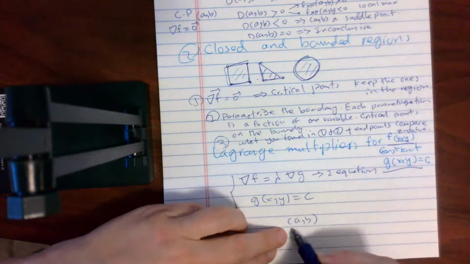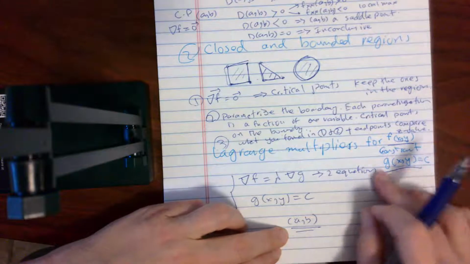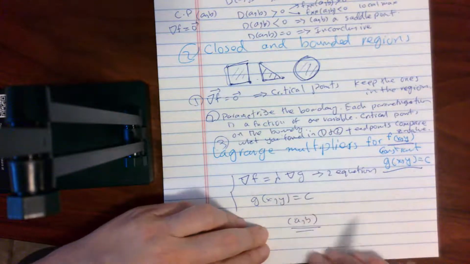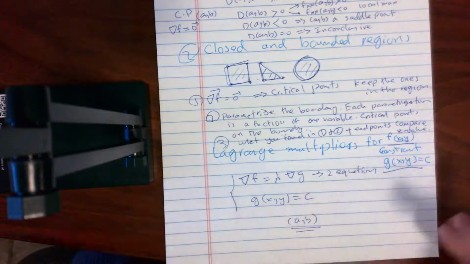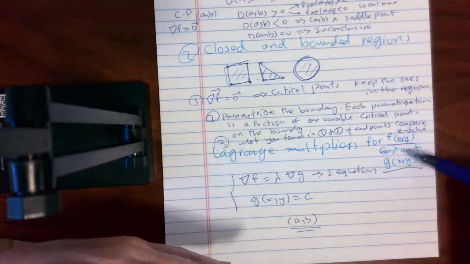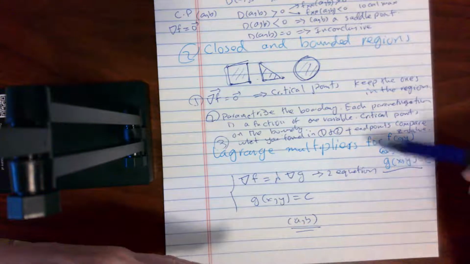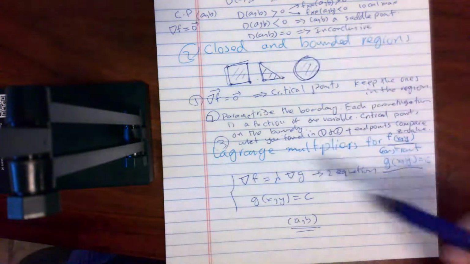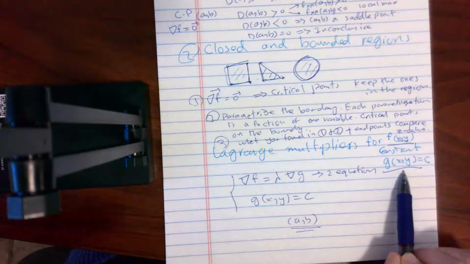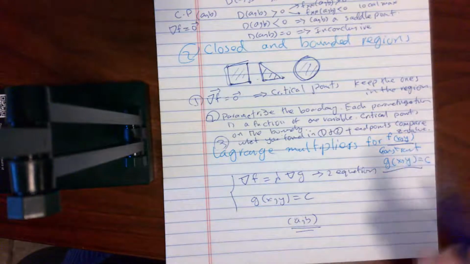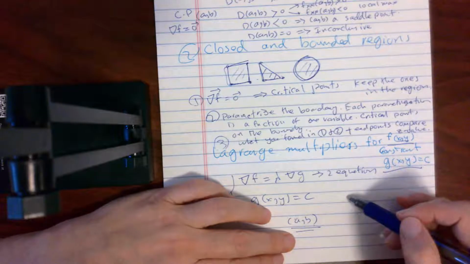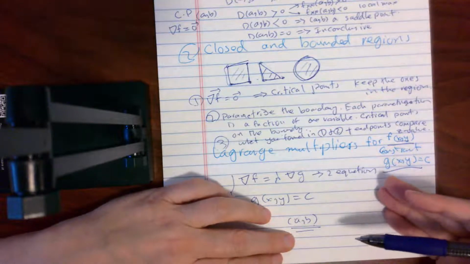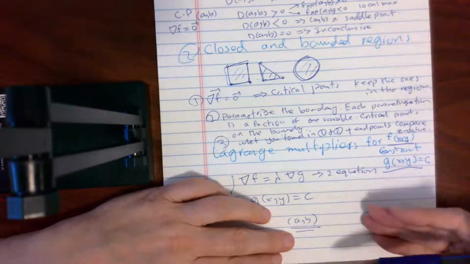And then you check all the points that you get from here, sometimes more than one point, and if all the conditions are right and a closed and bounded constraint is happening, then you get at least 2. In that case, you check them and see what is maximum is going to be the maximum on the constraint, and what is minimum is going to be the minimum on the constraint.